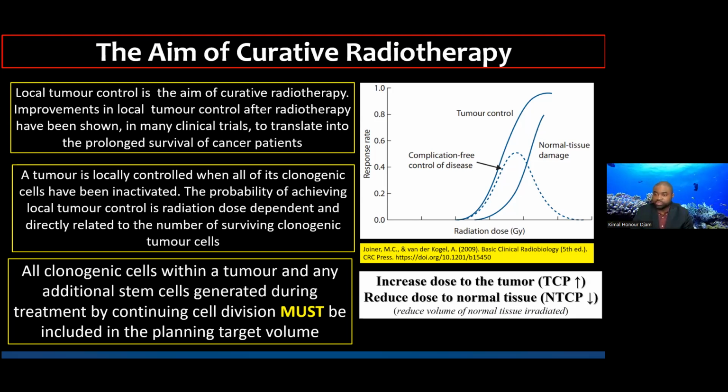Now, if a tumor still has the capacity to repopulate, any prolongation of the overall treatment time essentially results in a higher number of clonogenic tumor cells which need to be inactivated, and therefore requires a higher radiation dose to achieve complete local control.